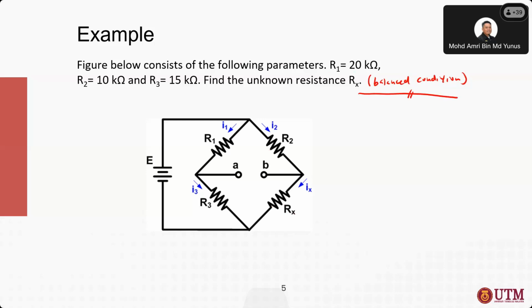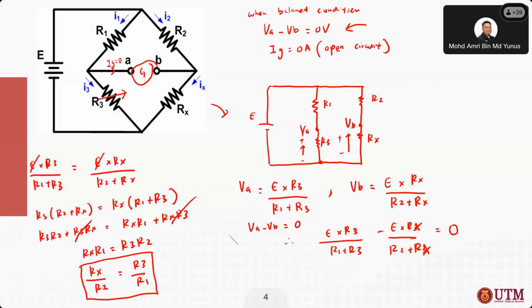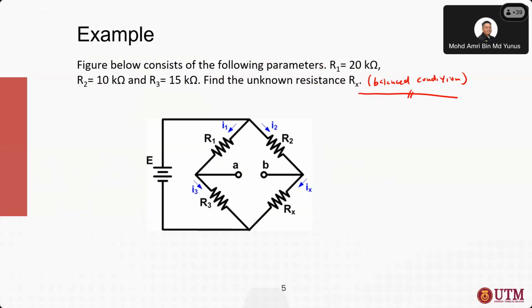So you can always derive the equation, or if you're confident, but you must be confident with the arrangement of the Wheatstone Bridge. This is the node, the point where it is connected to the power supply.